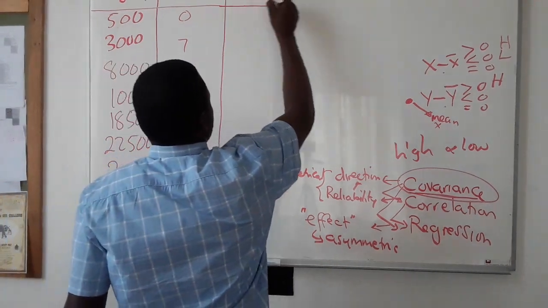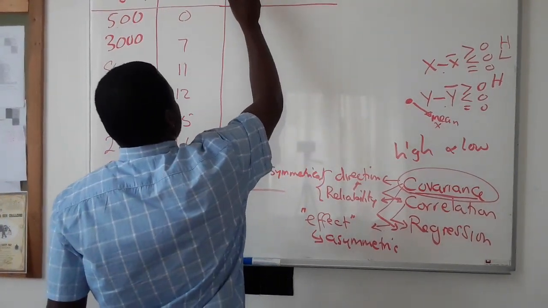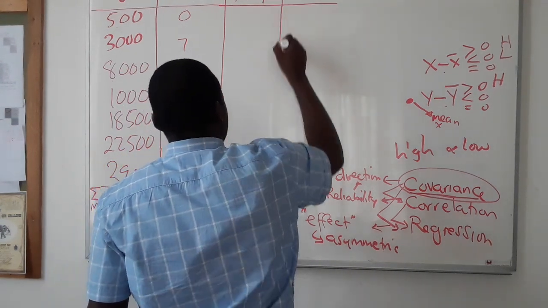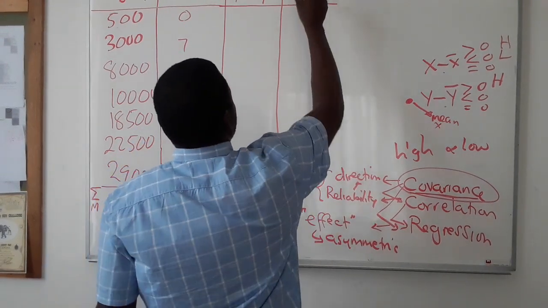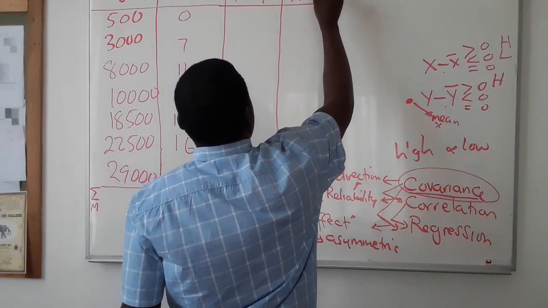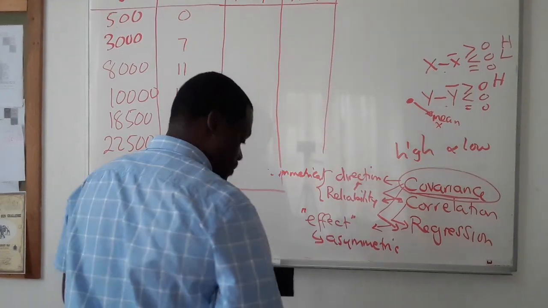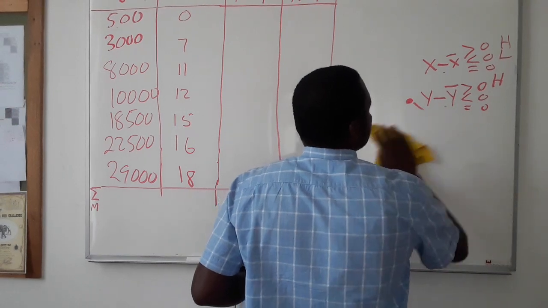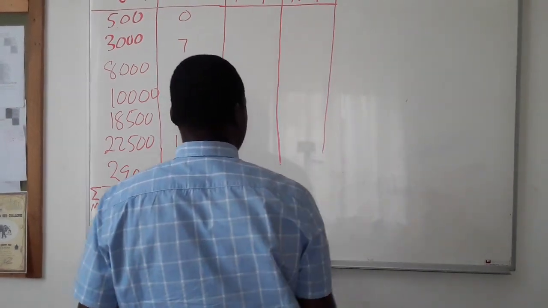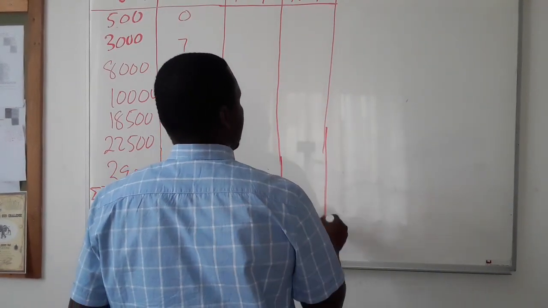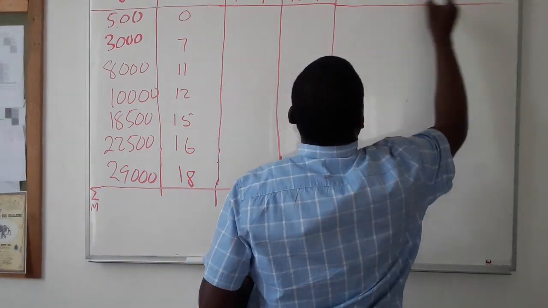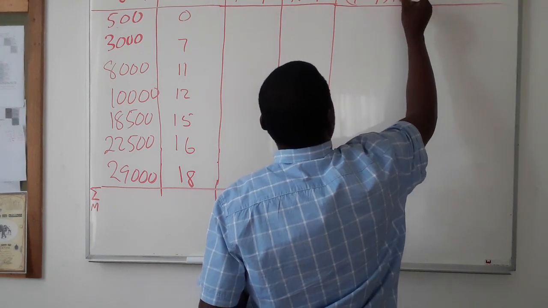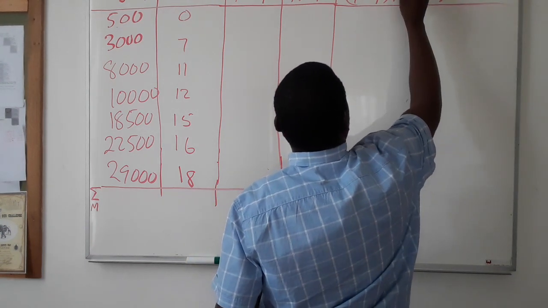So for us to be able to do that, we need to find y minus y bar. Then we need to find x minus x bar. Then once that is done, we can find y minus y bar times x minus x bar.